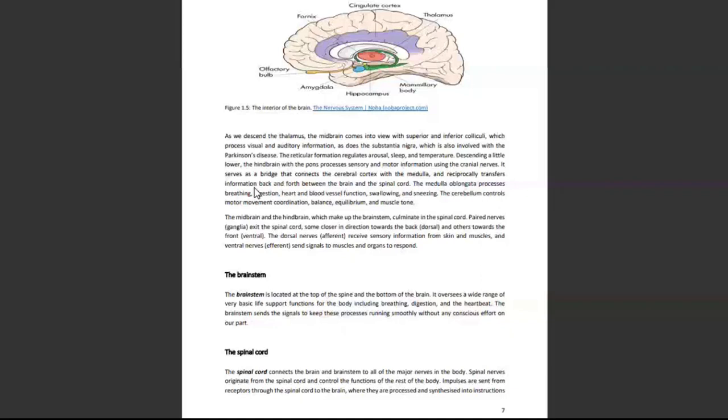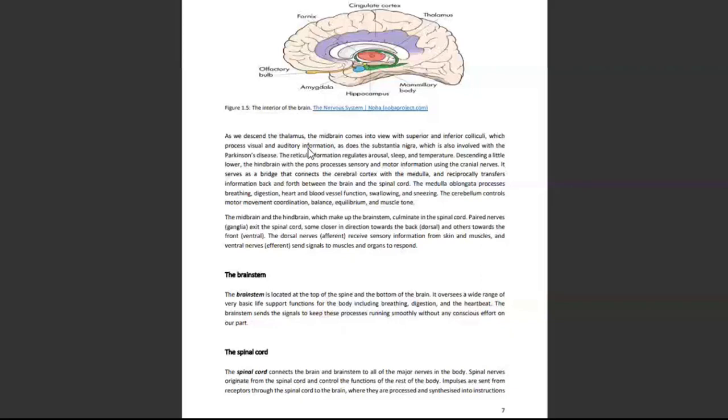The superior and inferior colliculus regulate what? Visual and auditory information. What else regulates visual information is the occipital lobe. Some functions are similar, some functions differ. So make sure that when you study, you highlight the functions that are similar and functions that are not similar.